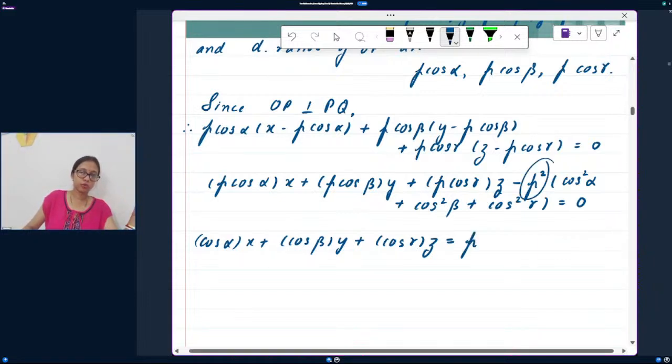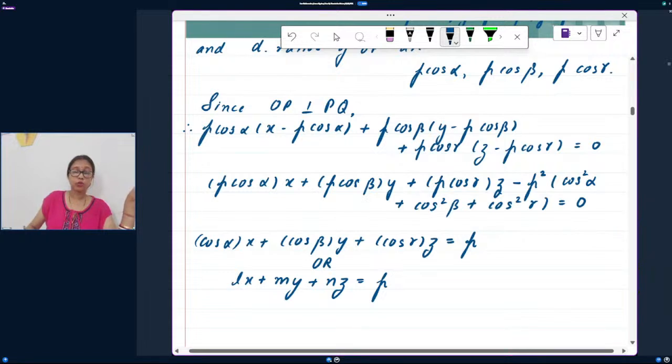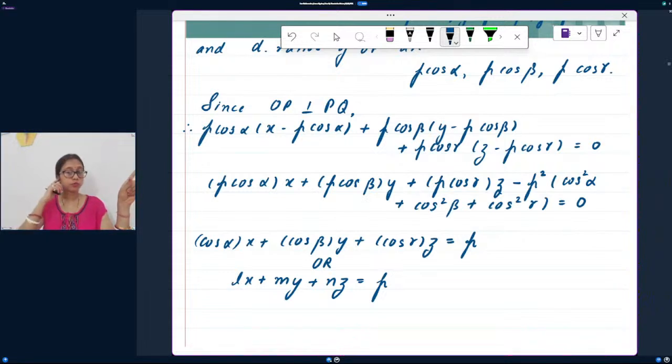Here p was taken common, this became 1, so only minus p was left, and I have taken that to the other side. This equation is also written, with cos alpha, cos beta, cos gamma as l, m, n, as lx plus my plus nz equals p. This is how you find it, and no unknown constants are involved here. You know l, m, n because you know alpha, beta, gamma.